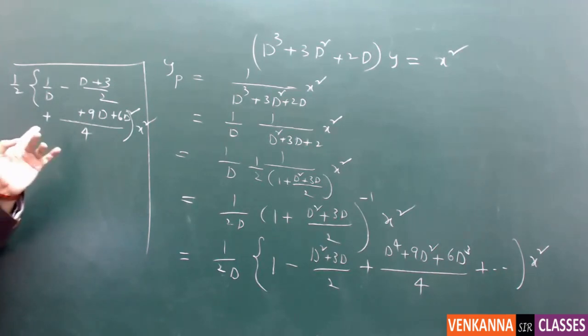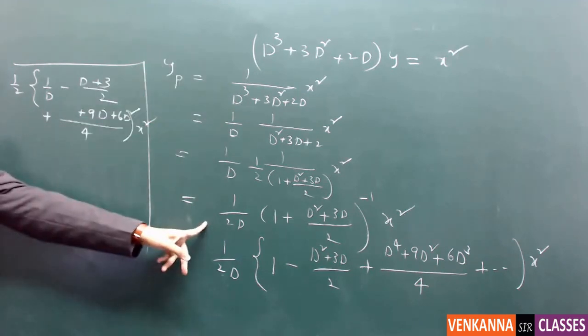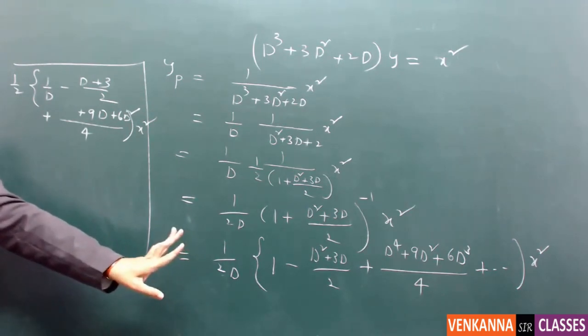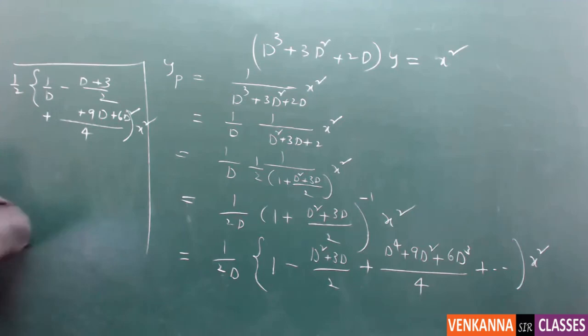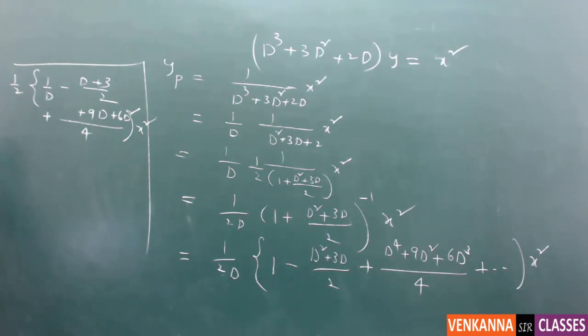So the fundamental thing we have to remember here is, on applying the expansion, while multiplying, we should check each and every power of D, whether it is written correctly or not. Then only after that you are going to apply the expansion. Otherwise, always we will have a mismatch with the final answer.